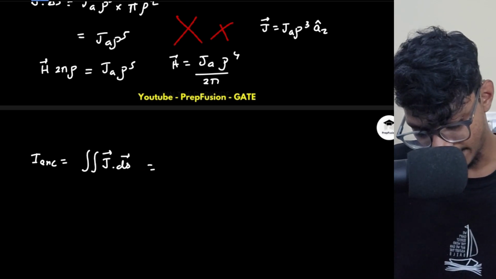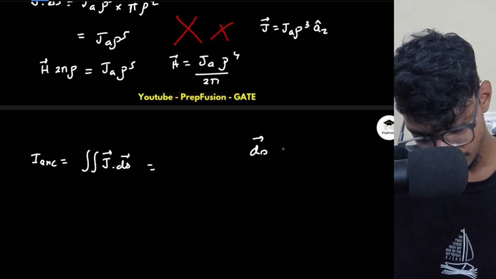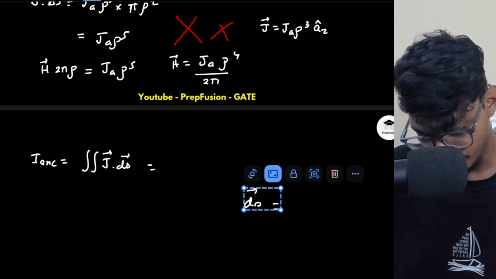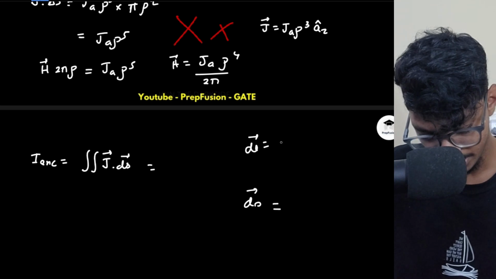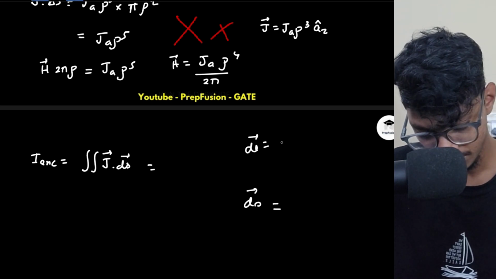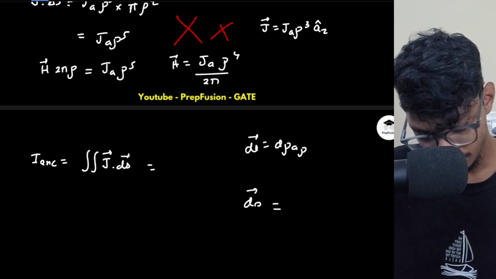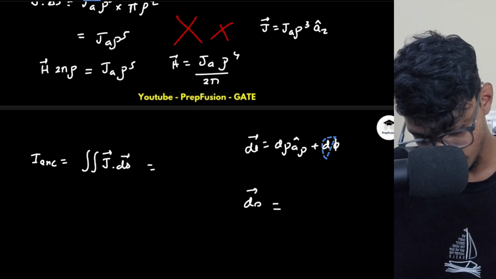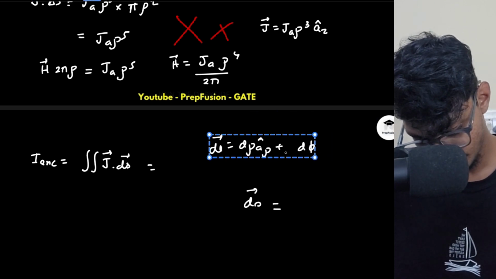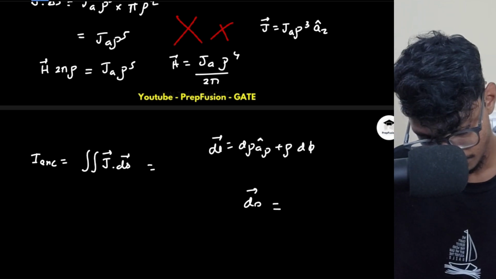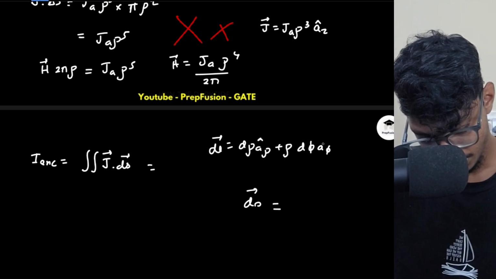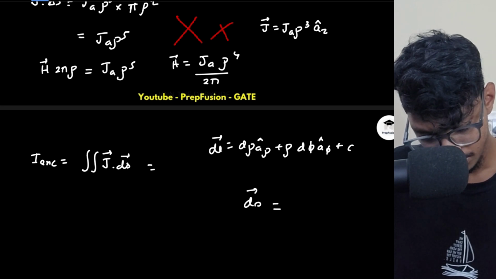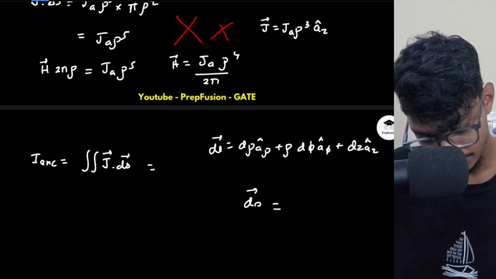So what will be my ds vector here? How will I choose my ds vector? I will just write my dl vector in the cylindrical coordinate system. It was d rho a rho cap plus rho d phi a phi cap plus dz az cap.